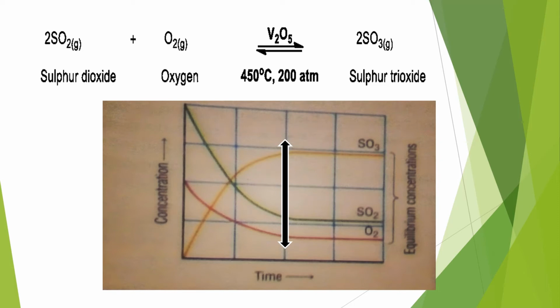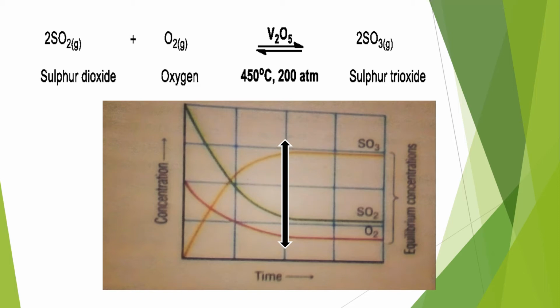The formation of sulfur trioxide is the forward reaction, and the decomposition of sulfur trioxide into sulfur dioxide and oxygen is the reverse reaction.